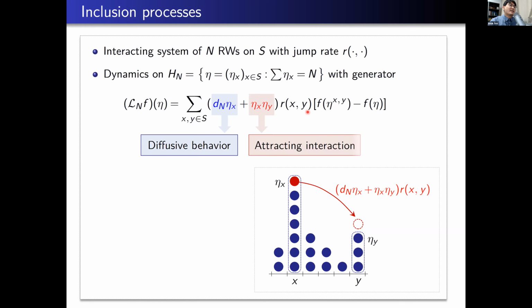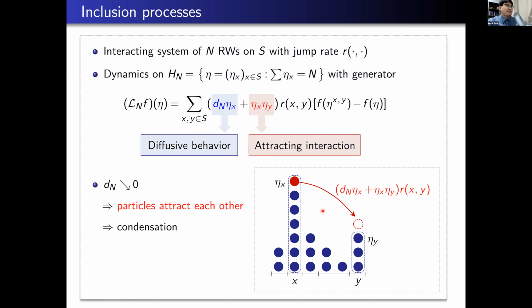On the other hand, the second one explains the attracting interaction. To see this, let's look at this picture again. This implies that if you have more particles here, then the jump from X to Y is activated, right? Its quantity becomes larger, which means that the particles located here attract this point, which means that particles are attracting each other.